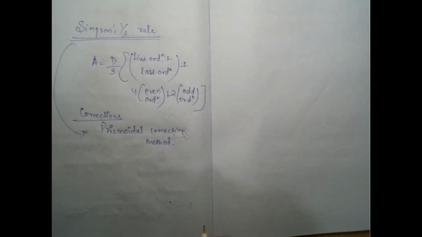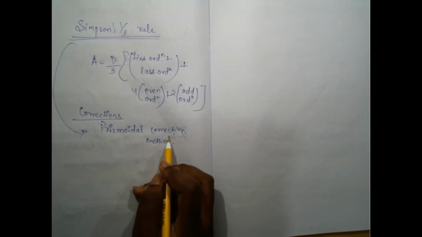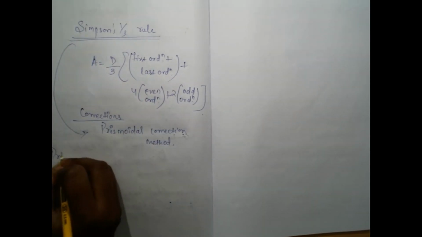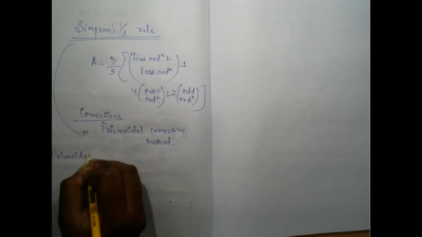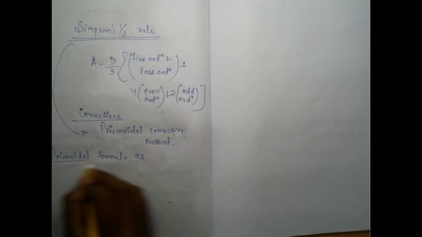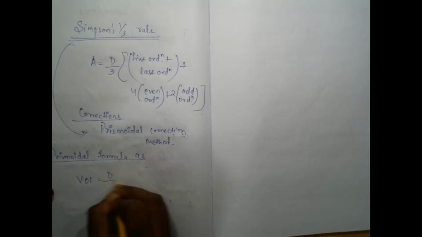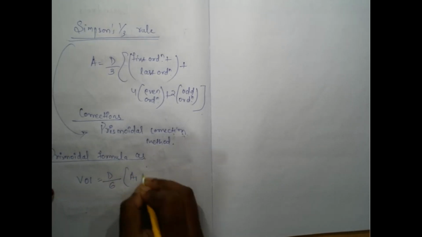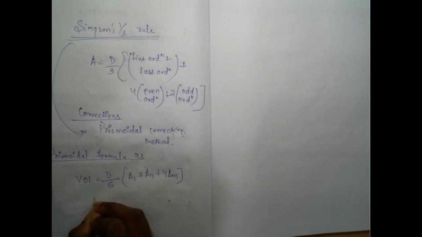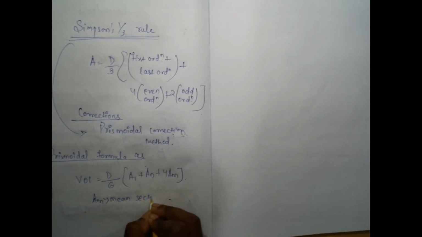If we put some prismoidal correction to Simpson's 1/3 rule, the volume that we get is D by 6 into A1 plus AN plus 4AM, and AM, as we all know, is the mean sectional area.